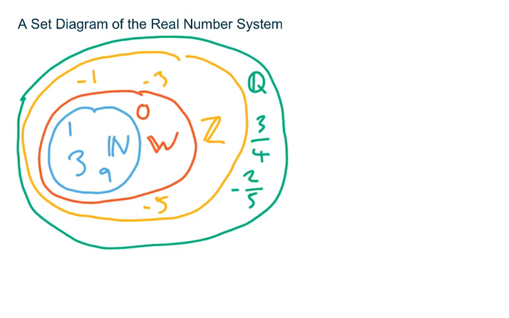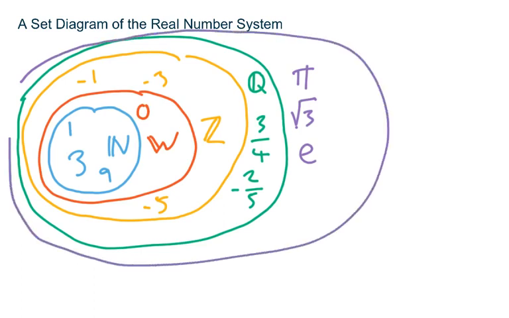And then if you also throw in pi and the square root of 3 and e is a famous one, 2.718 and so forth, all these numbers whose decimal patterns neither repeat nor terminate, throw them in as well, and you have what we call the set of real numbers.